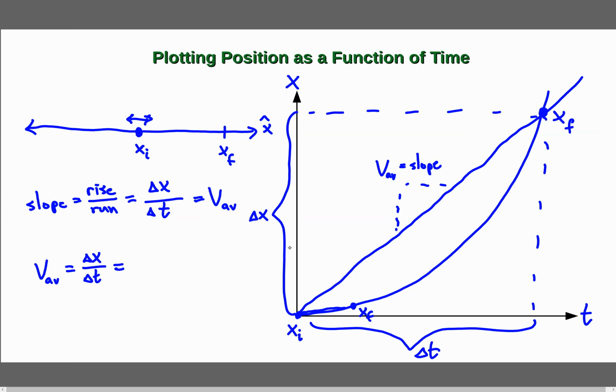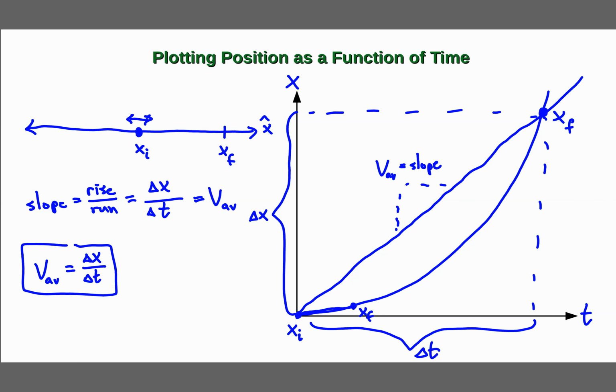Right? So as I take points that are closer and closer together, the curve is less and less different from the line. But always remember, when I calculate average velocity in this way, I'm always calculating in a straight line here on a plot of position as a function of time.